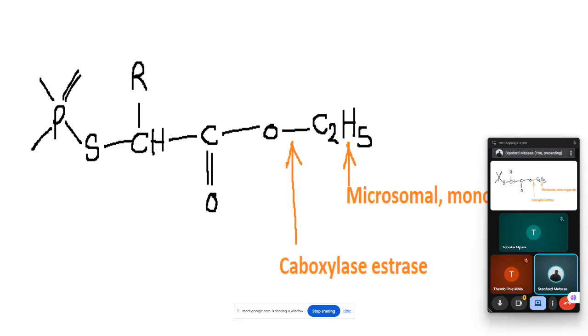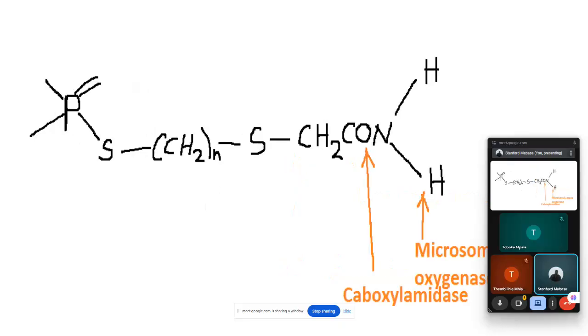Then somewhere in between oxygen and that group, carboxylesterase can actually break that bond. Again, you have a carboxylamidase, which can affect the oxygen, which is pointed there. And also cytochrome P450 can affect the other end, if you want to call it microsomal oxygenase.